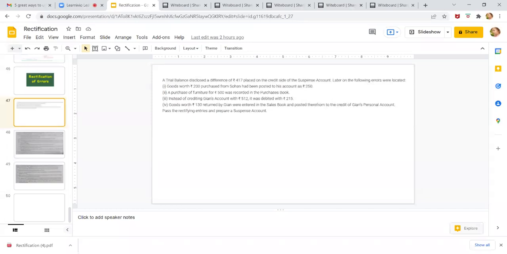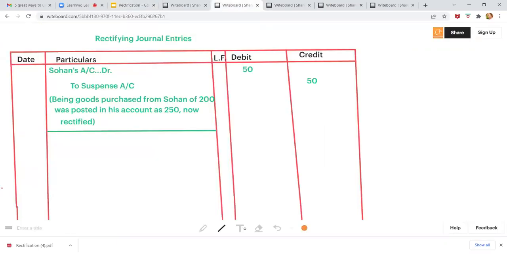So we will rectify it by passing a rectifying journal entry as furniture account debit to cash account.